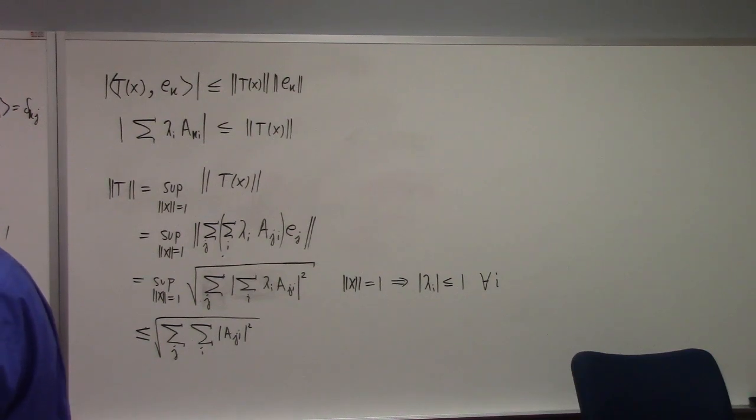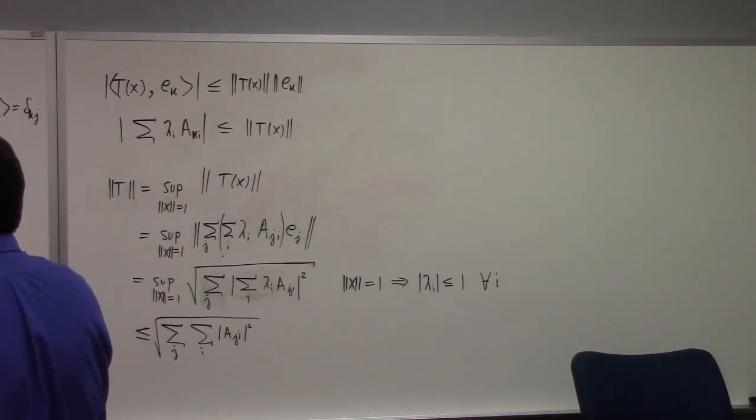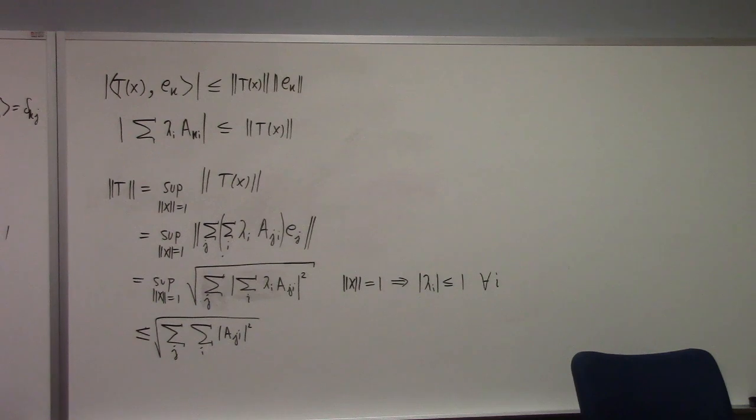So I wanted to contrast a couple things. Let's see here. I need to erase a lot of this. I just want to keep one equation of all this and skip to something.